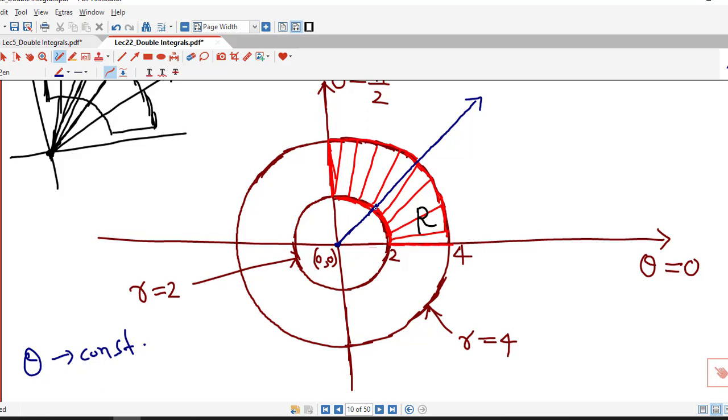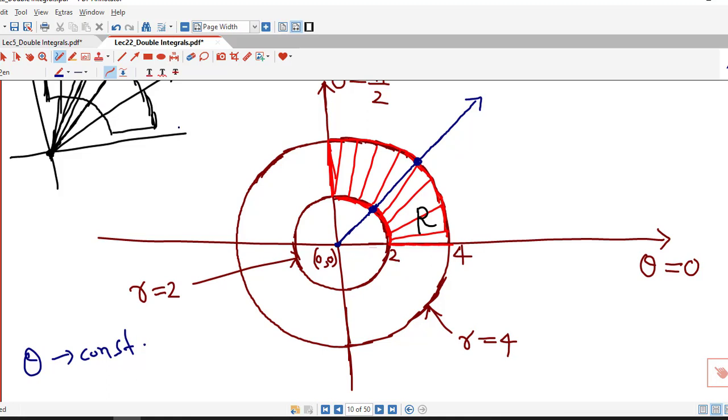To determine the limits of r, we will find the points at which this ray enters the region and leaves the region. On this ray theta is constant, so we will determine the value of r at these two points and those will be the limits of integration.